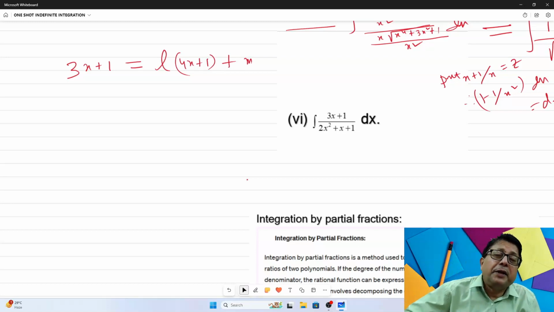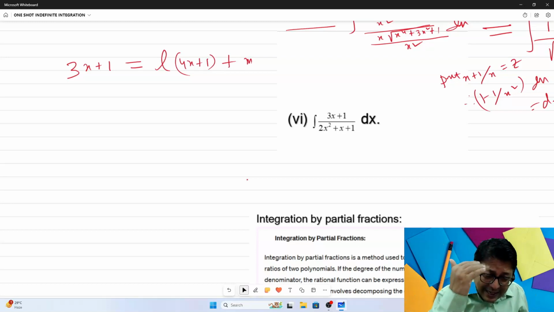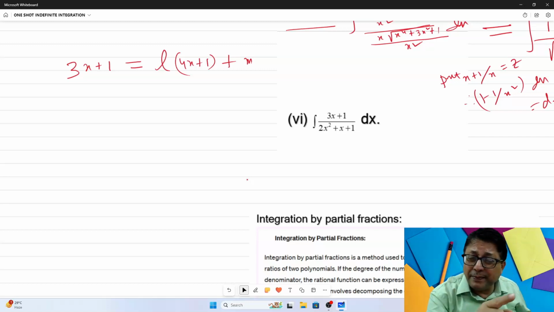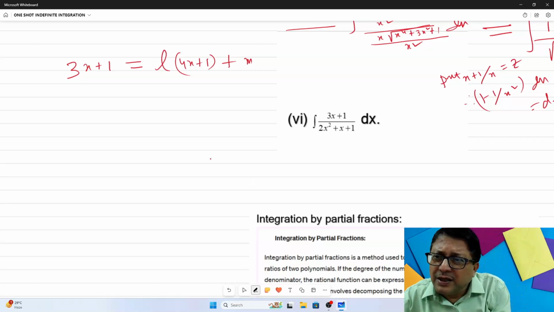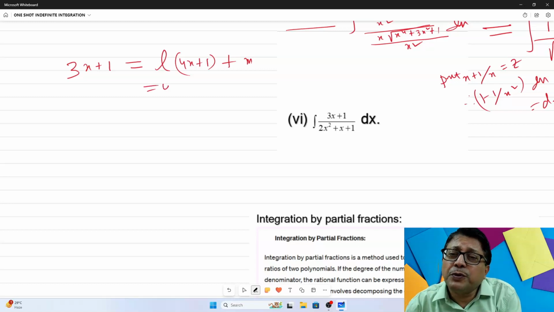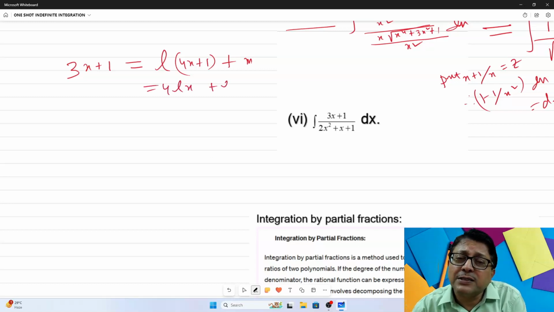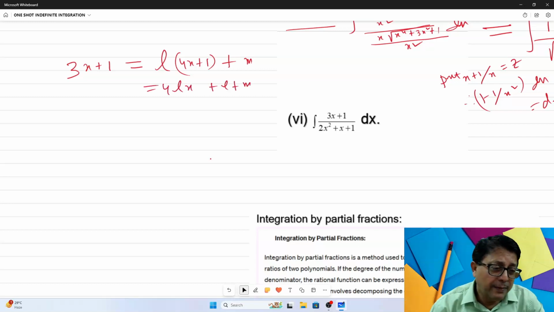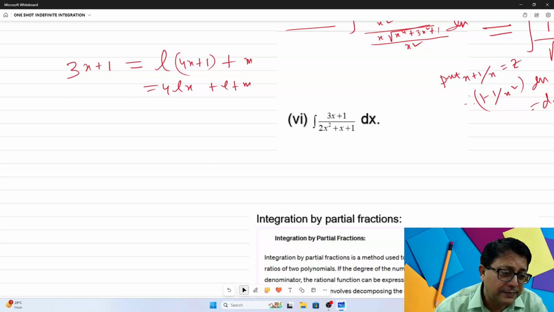Whenever numerator is less index than that of denominator, you apply this method. Now this is 4Lx plus L plus m, you understand?